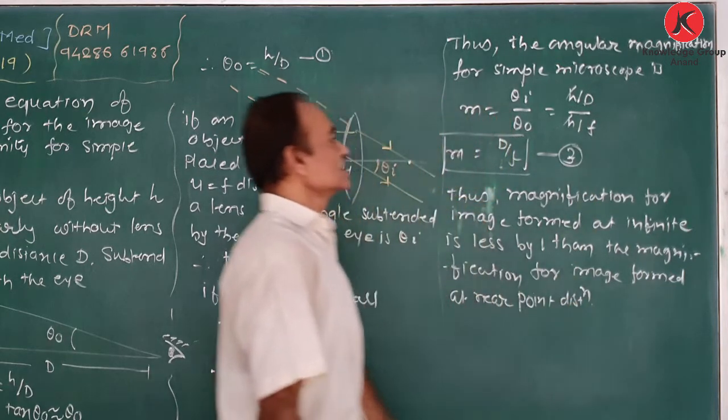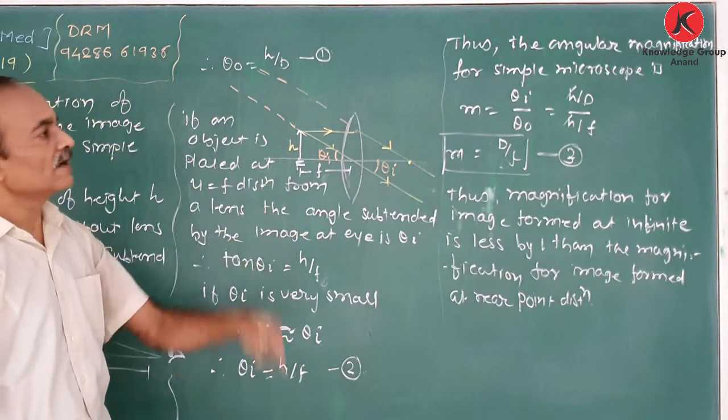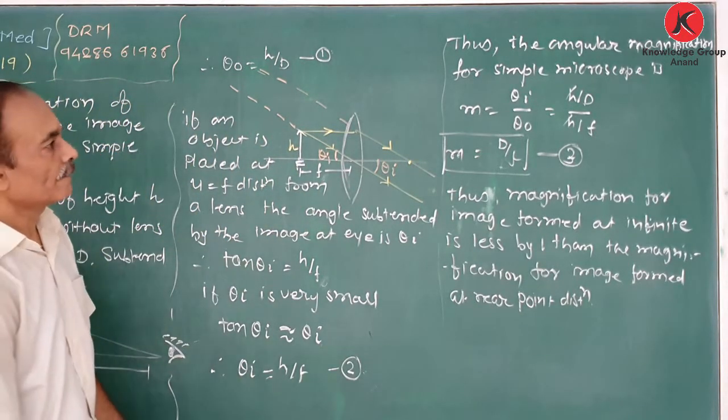Here M is equal to D by f, and earlier we obtained 1 plus D by f.